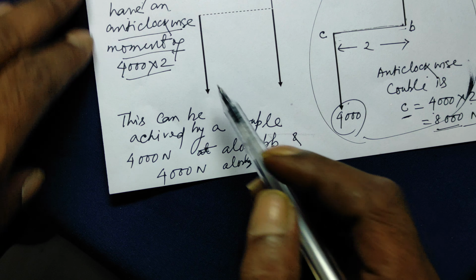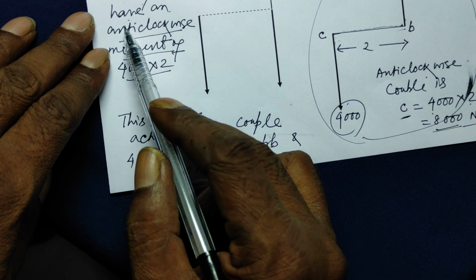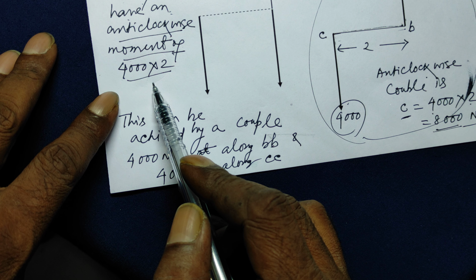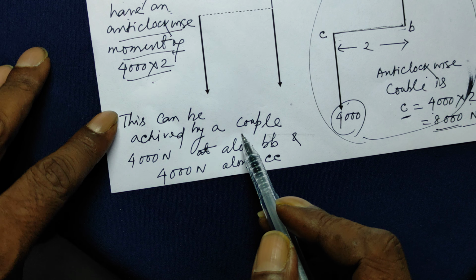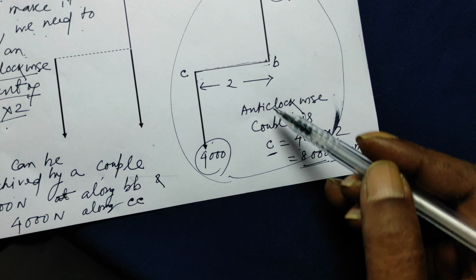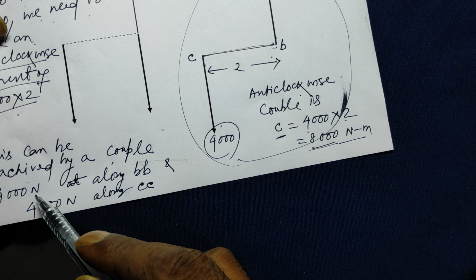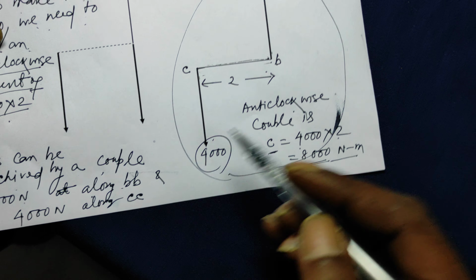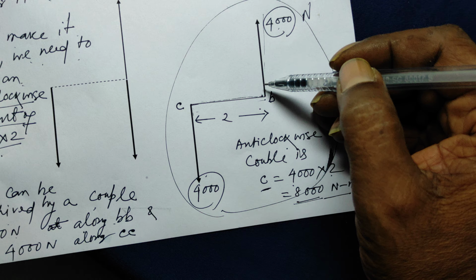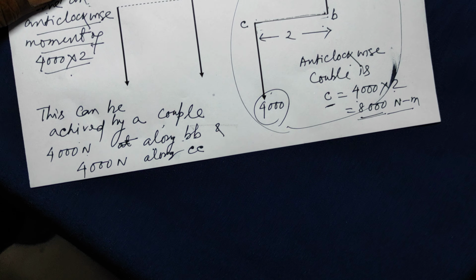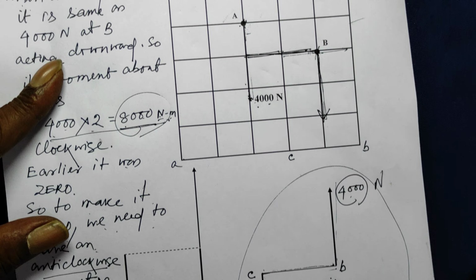So to make it 0, we need to have an anti-clockwise moment of 8,000. This can be achieved by a couple as shown here, by considering a force 4,000 Newton along BB and another 4,000 Newton along CC. So that is all about it.